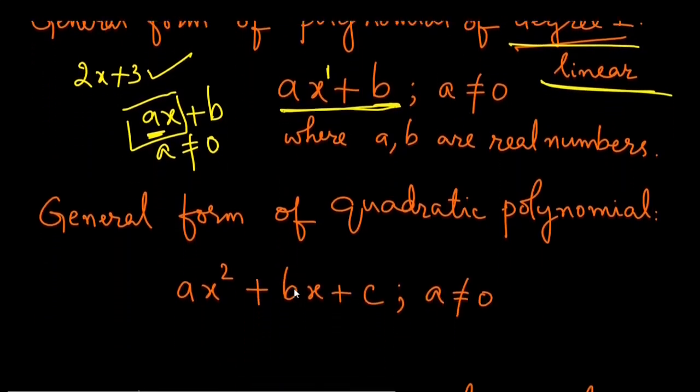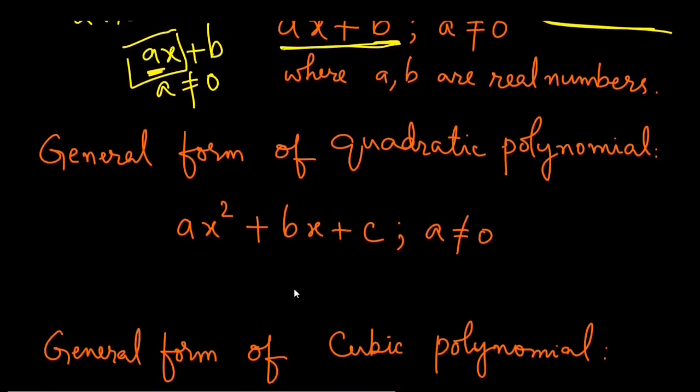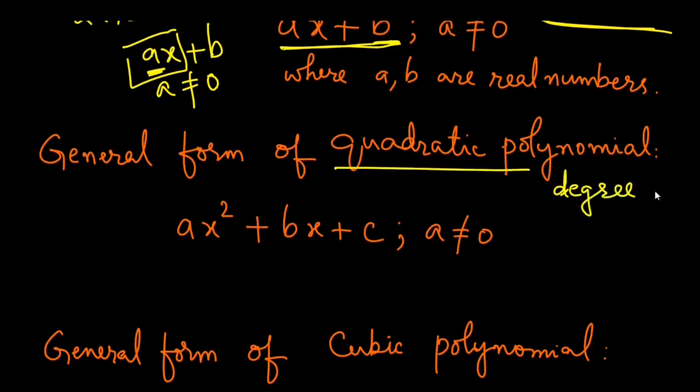Then let us see general form of a quadratic polynomial. A quadratic polynomial has degree 2. So it may have terms having degree 0, 1 and 2. It should have the term with the degree 2. The degree 1 term, degree 0 term are optional.